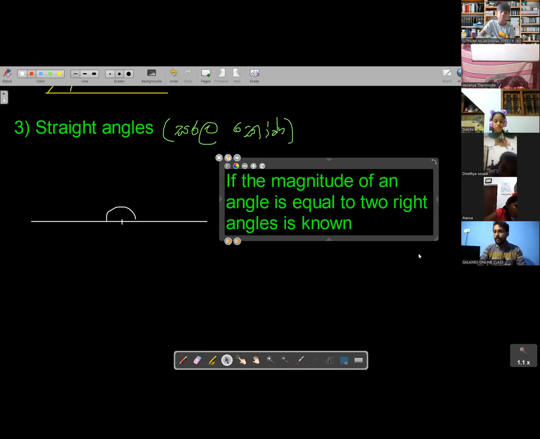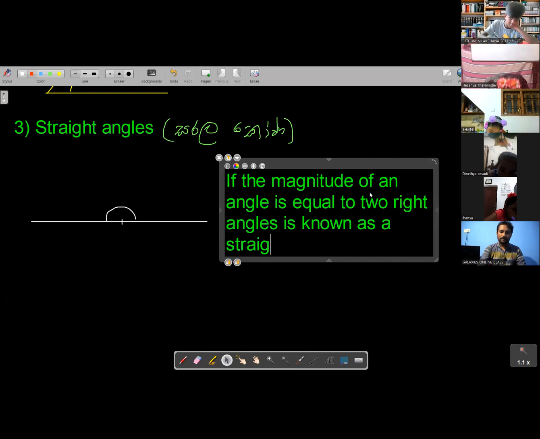So first you draw the straight angle. Under number 3, straight angles, you write down, then you draw the straight angle, then you note down this note. If the magnitude of an angle is equal to two right angles, it is known as a straight angle.